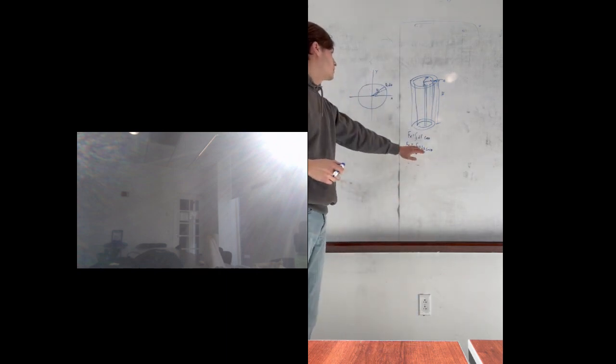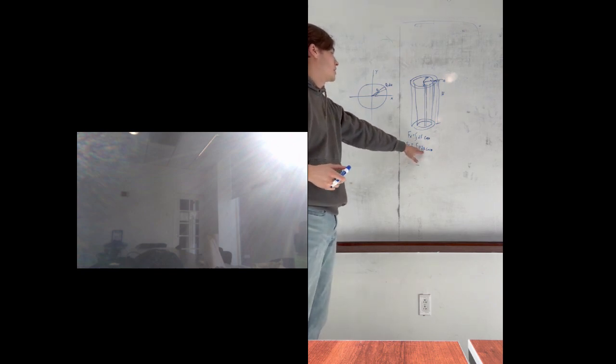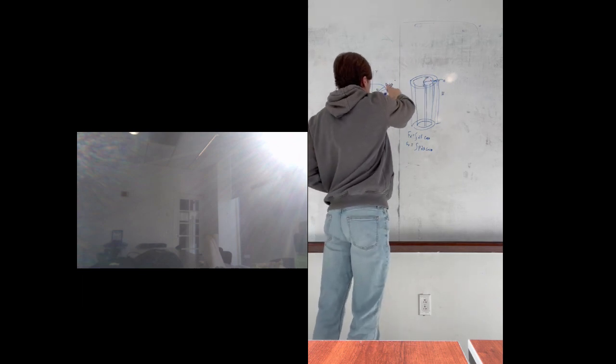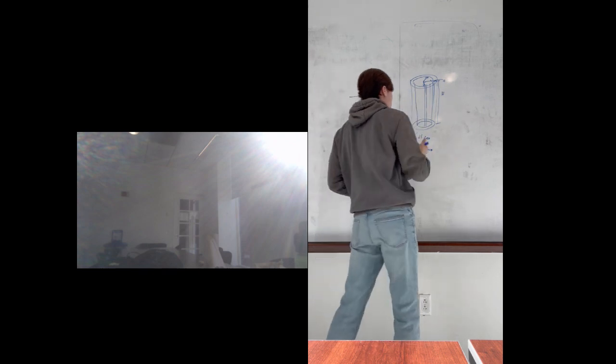Now when we look at it, we can see that our differential area can be seen as each of these cuts. So our differential area will just be our radius times d theta times our height. I'm going to write that out again. So it's going to be our pressure times our radius times d theta times our height, times cosine of theta.